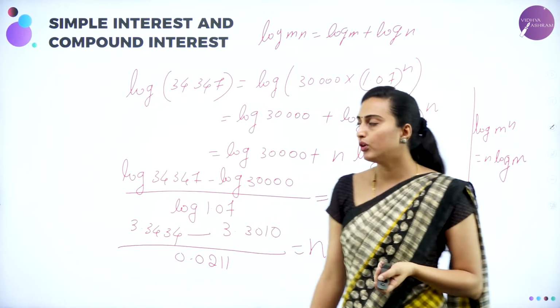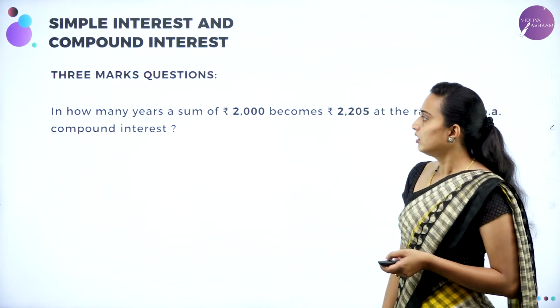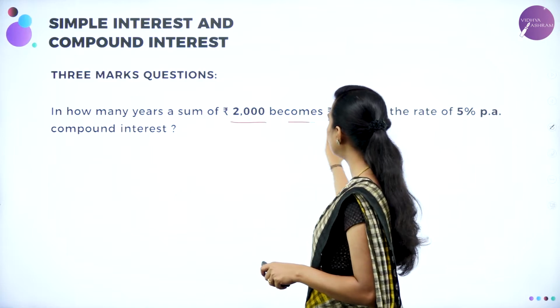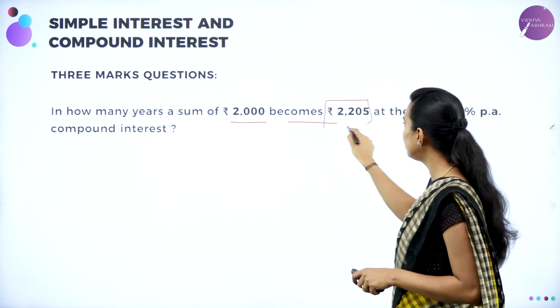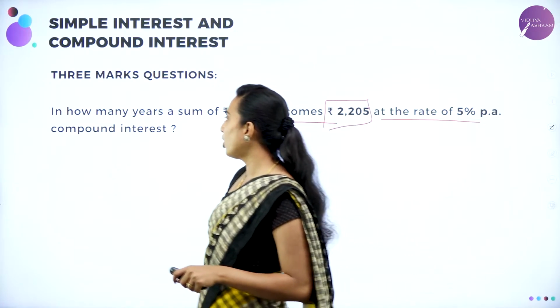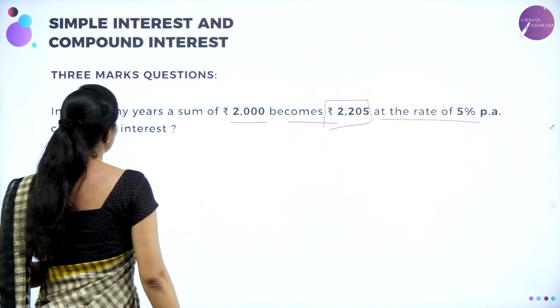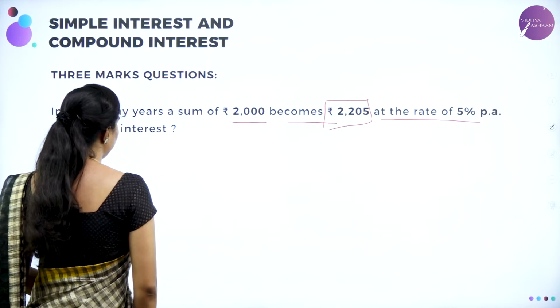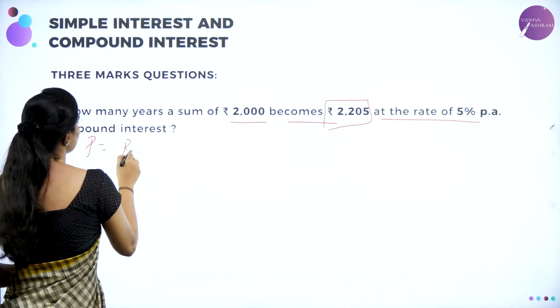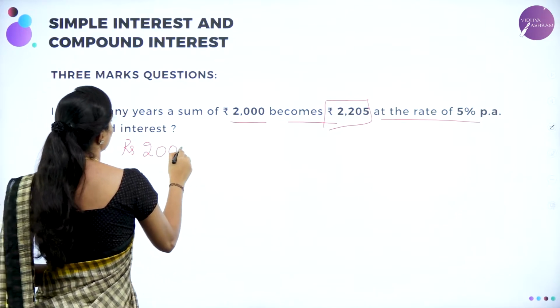Here, we'll move on to the next question. In how many years does a sum of 2000 become 2205 at the rate of 5% per annum compound interest? So what they have given here is P is equal to rupees 2000, correct?